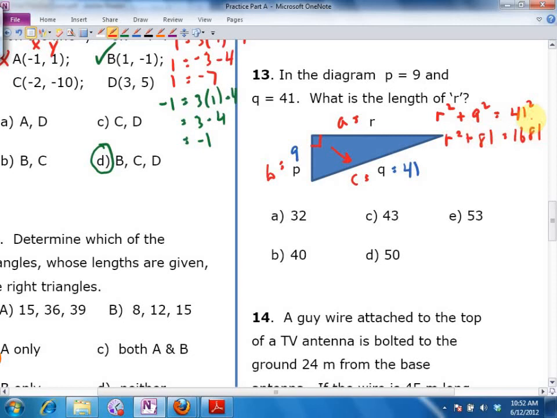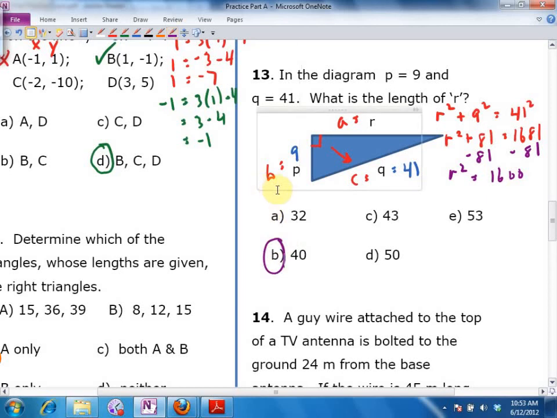Something looks interesting already. And now what do I do? I've squared them. Square root now? No, I have to subtract. I have to get rid of the 81 first, don't I? I have to get R squared by itself. That's right. R squared equals 1600. Square root that, and I get B is 40.